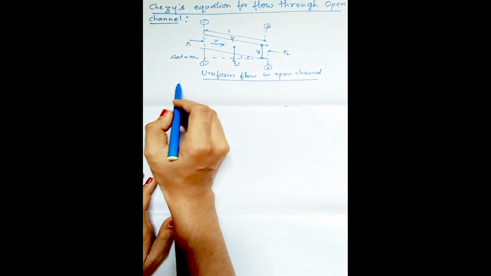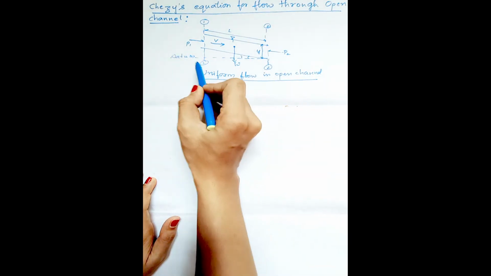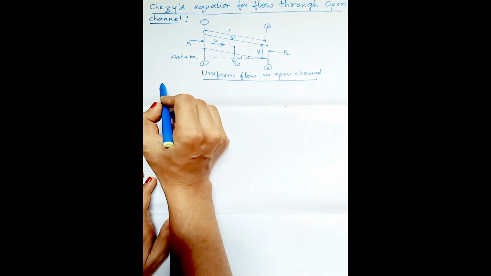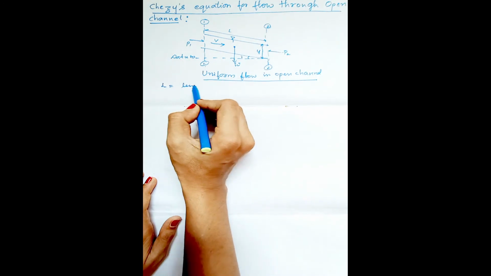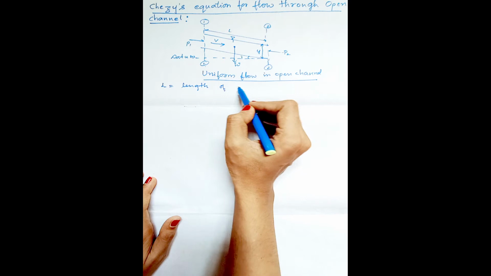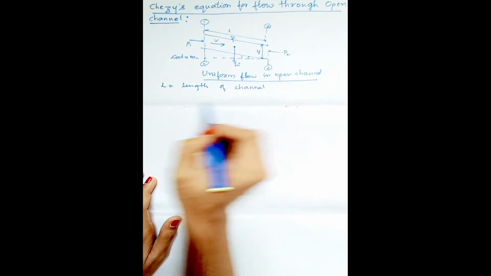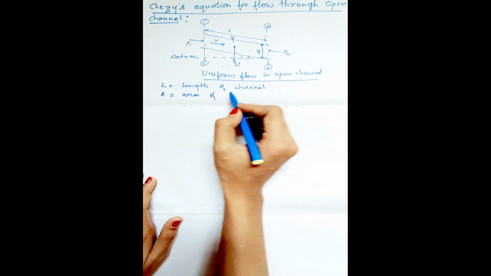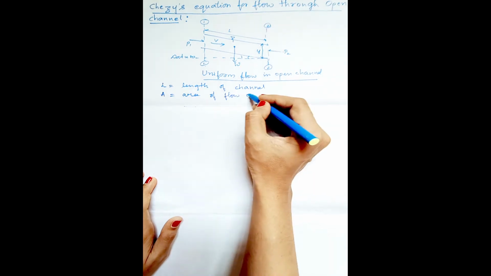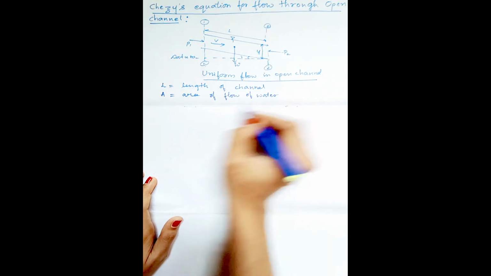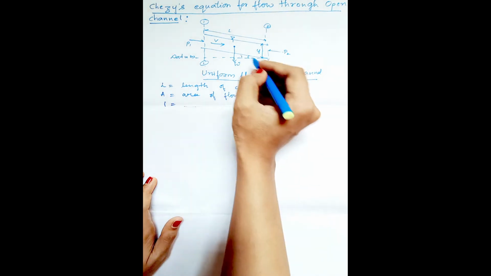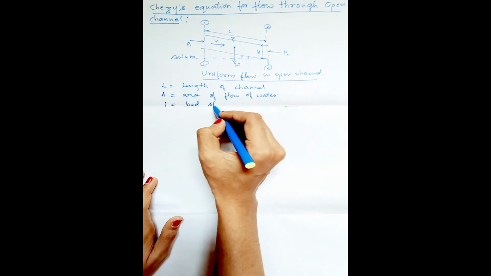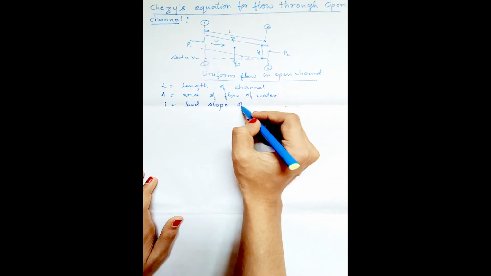As you see in the figure, we have considered two sections, section 1 and section 2, and here let L be the length of the channel and A be the area of flow of water, and i is the bed slope of the channel.